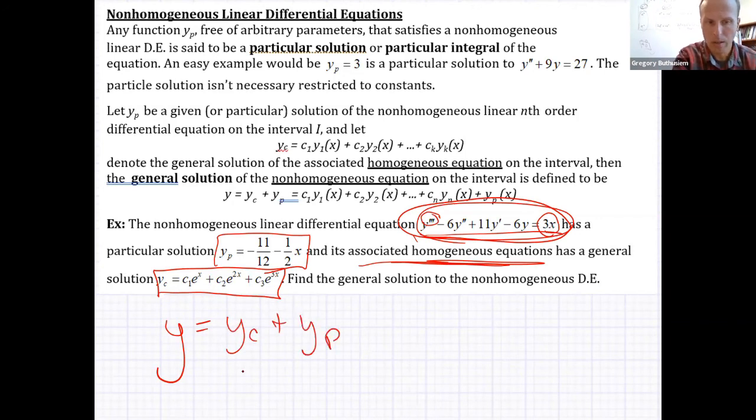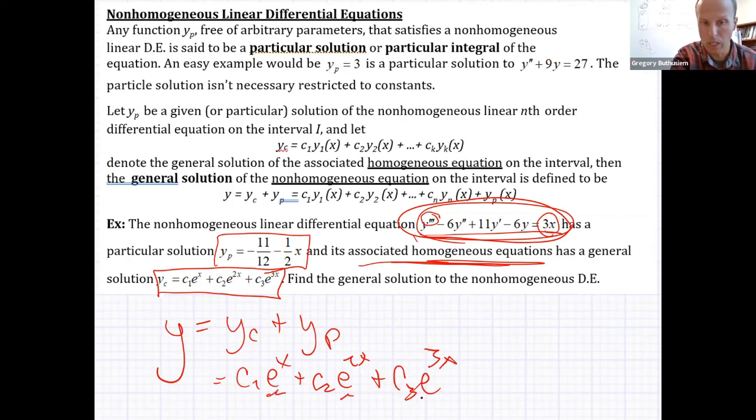Okay. So that would give me this C1 e to the x plus C2 e to the 2x plus C3 e to the 3x, which again, we know all these are linearly independent. Okay, we've already determined that. That was one of the examples we did. Plus this other piece, which is negative 11 over 12 minus 1 over 2 x.